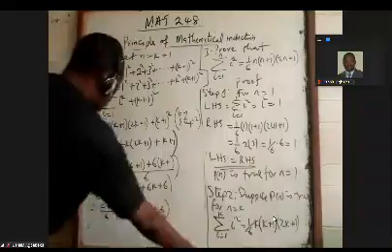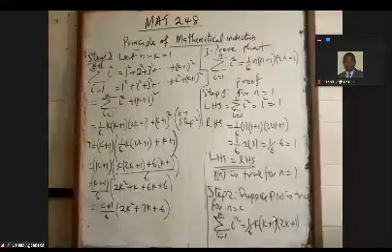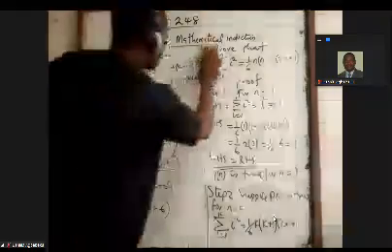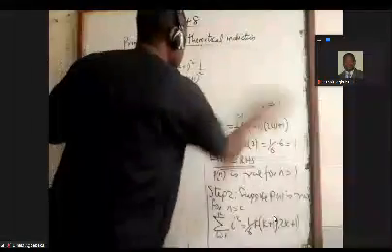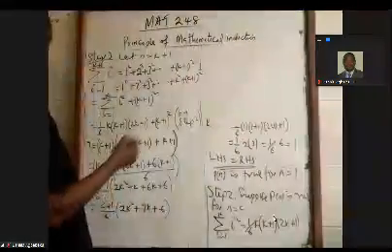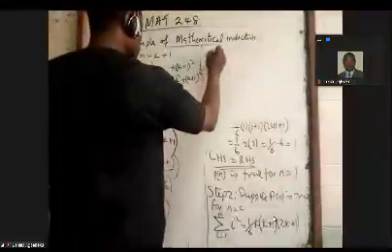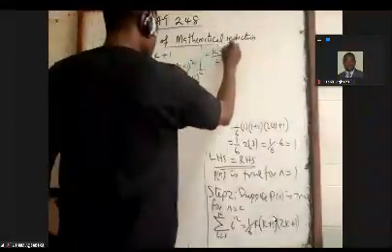Rearranging that, we finally have 1 over 6 (k+1)(k+2)(2k+3). Now this is true.